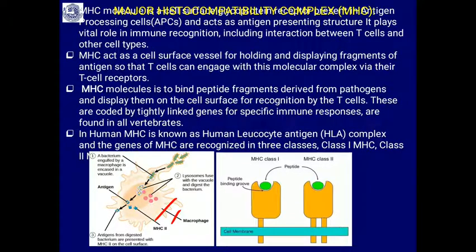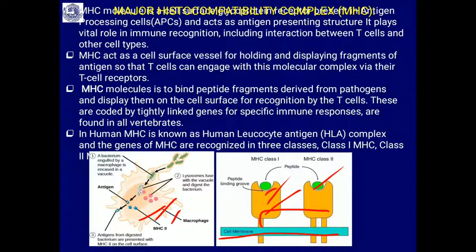So on this antigen presenting cell membrane, these are the major histocompatibility proteins or complex. The antigenic determinants are presented here. Can you see this? This will be recognized by the T cells. So MHC acts like a cell surface vessel, holding or displaying the fragment of an antigen.